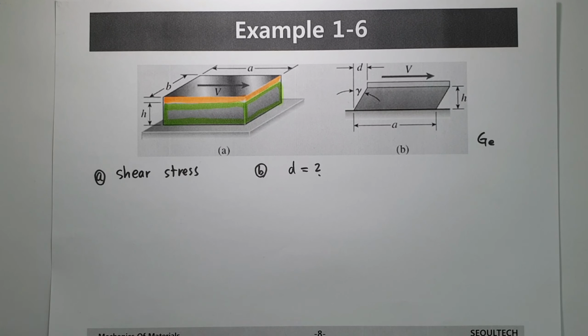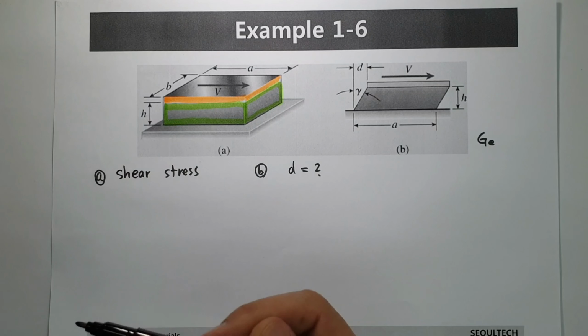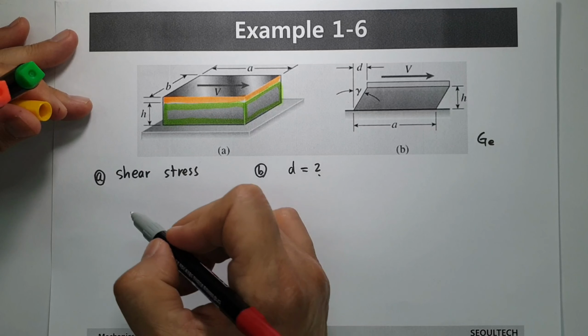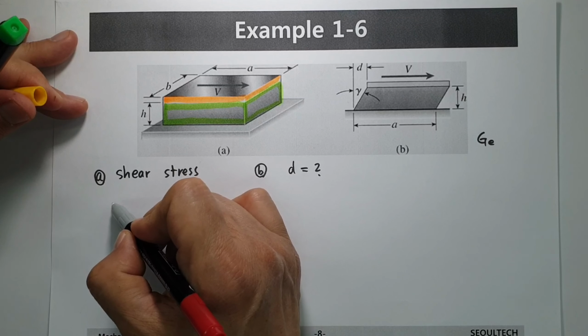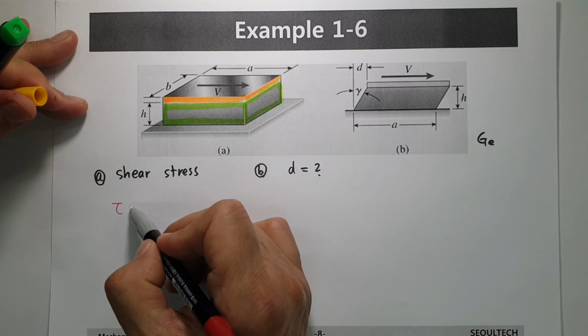And we would like to know the shear stress, not gamma, tau. Shear stress tau equals what?